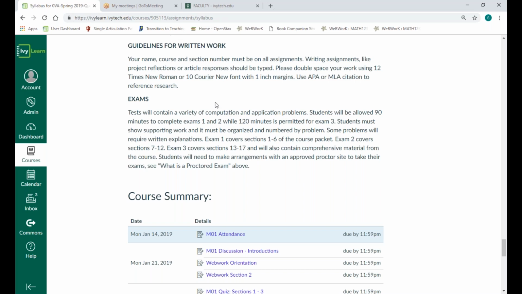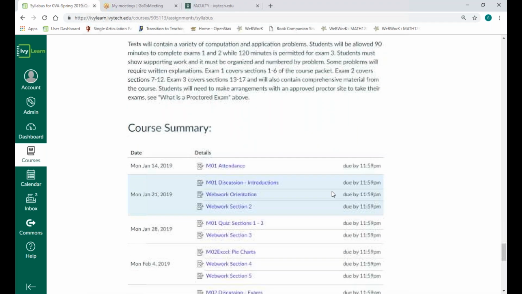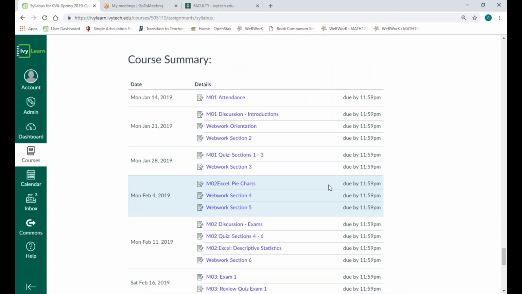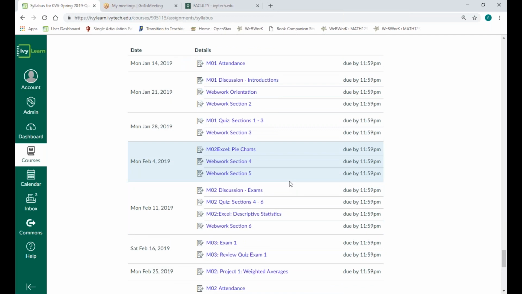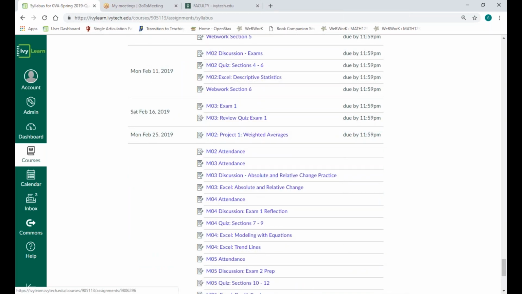Okay, and here that talks about students will be allowed to complete exams 1 and 2 for 90 minutes and 120 minutes for exam 3. And then here are the due dates that I've set so far. Mostly this is for Unit 1 material, you can see, and there's a lot of other activities down here.